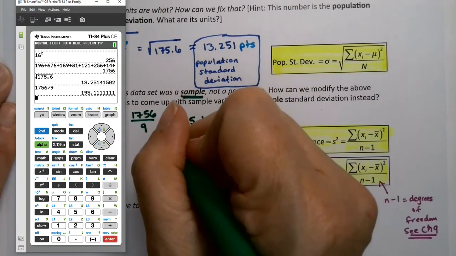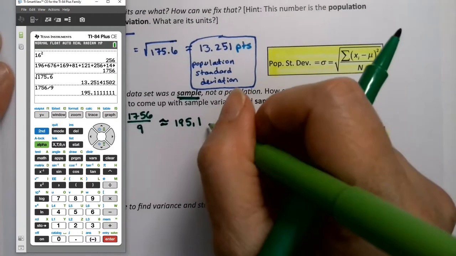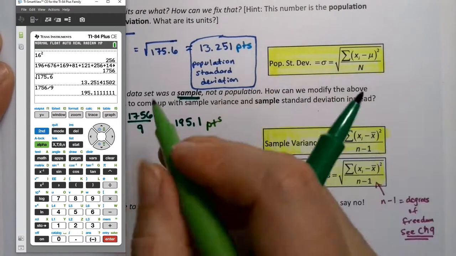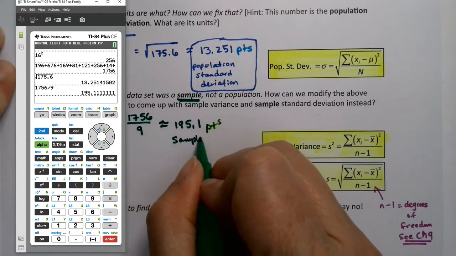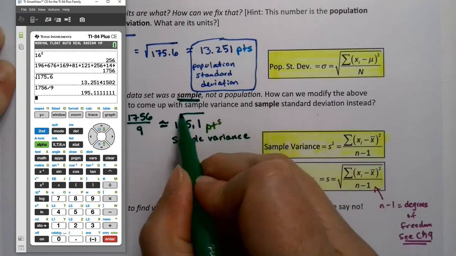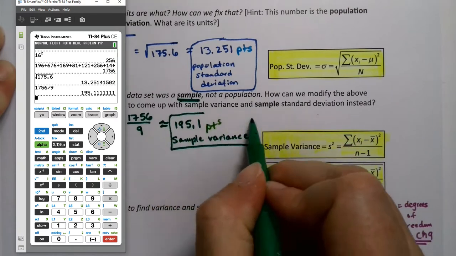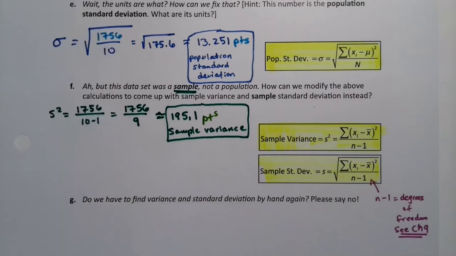Right? And that would be points squared still. It still has the wacky unit because that is the sample variance. Variance always has squared units, right? Because you squared things to make them positive. So variance is not as useful for interpretation, you can imagine, as standard deviation.